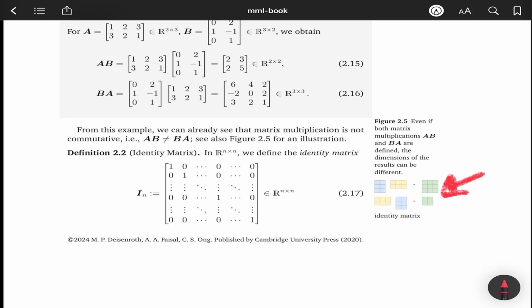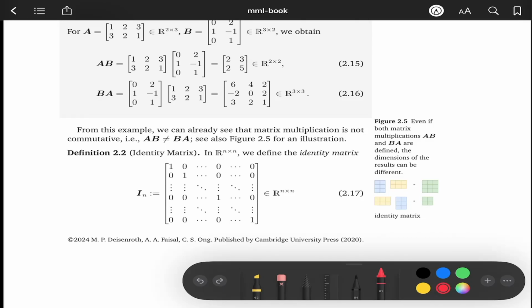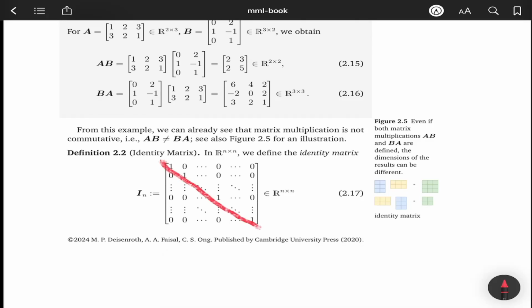Definition 2.2, identity matrix. So we define the identity matrix for n times n as basically zeros except what we have in the middle for each row and column. Okay, so the important part is that I think the identity matrix is only defined for square matrices.